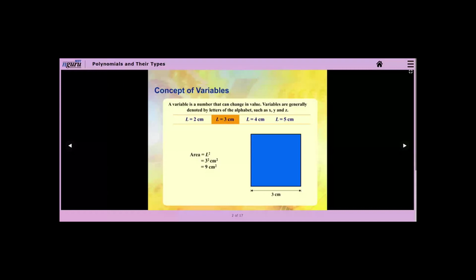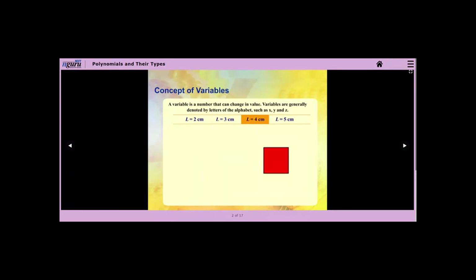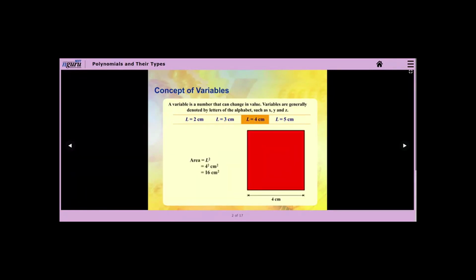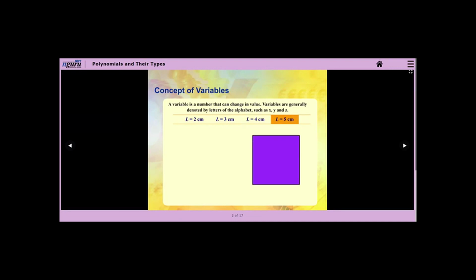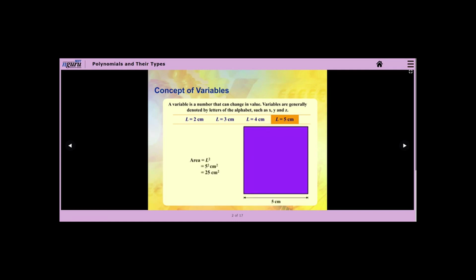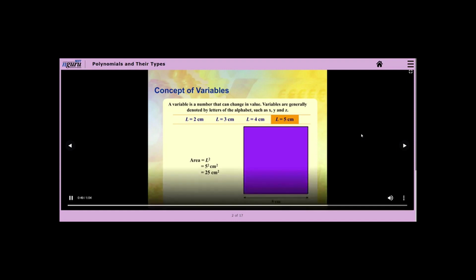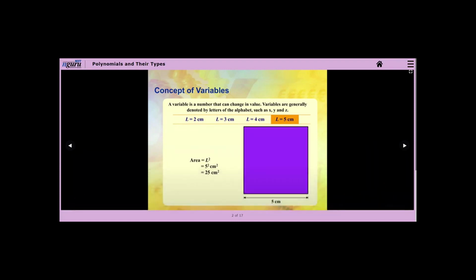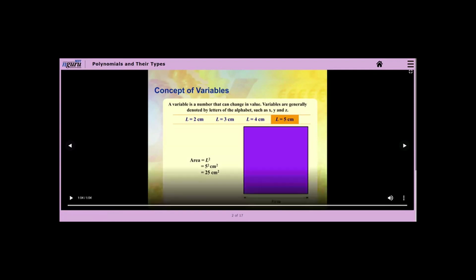The area is 4 square centimeters. If we change each side to 3 centimeters, it becomes 9 square centimeters. With 4 centimeters, the area becomes 16 square centimeters, and with 5 centimeters, the area becomes 25 square centimeters. From this, we can conclude that as the length of the side of a square varies, its area varies. Therefore, length L is the variable.